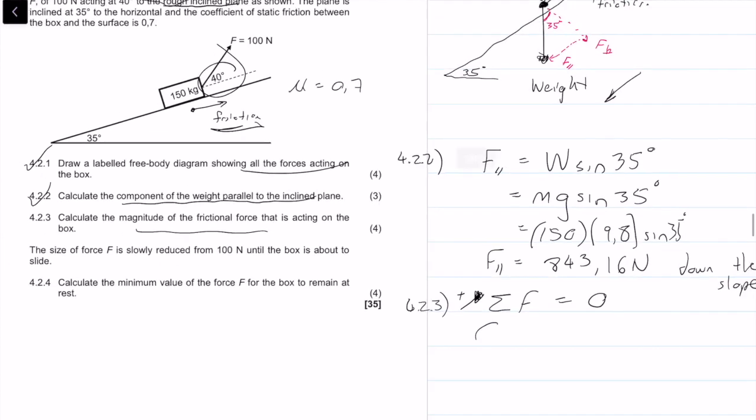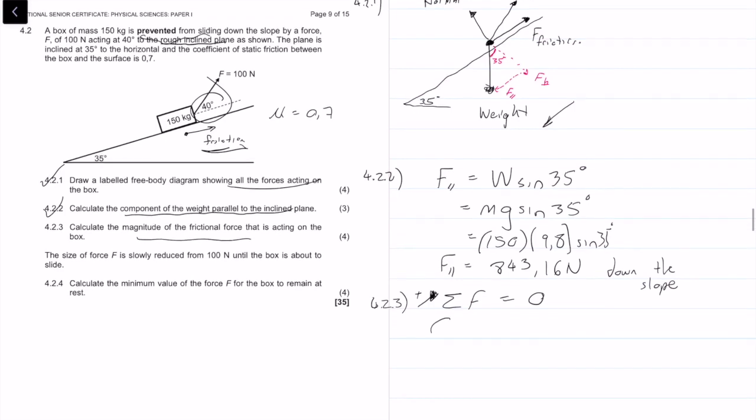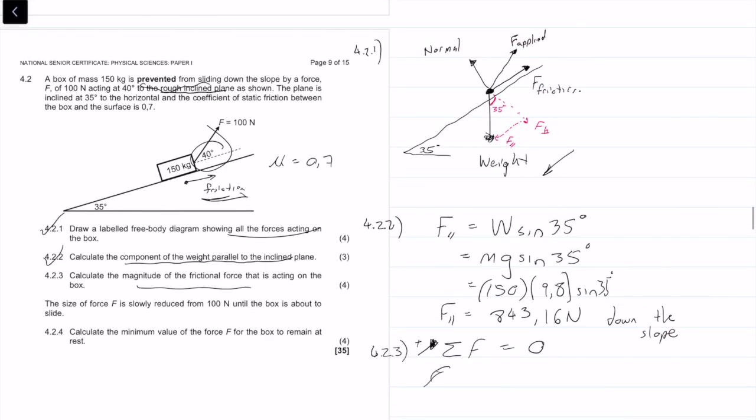If we look at our free body diagram, we have the force friction, which is acting upwards at this angle of 40 degrees because we just want the component like this. So force friction plus force applied, but we just want that component acting on the surface parallel to it.